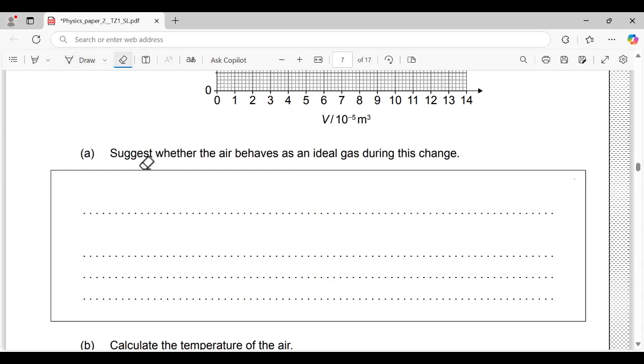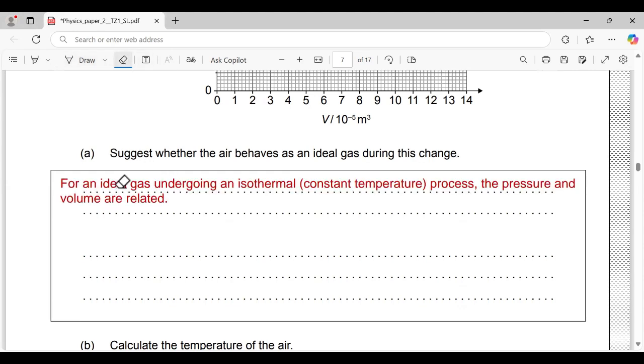I have provided my explanation about this. For an ideal gas undergoing an isothermal, or constant temperature, process, the pressure and volume are related according to Boyle's law.